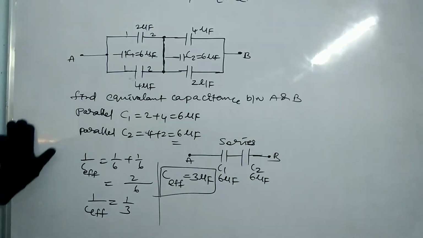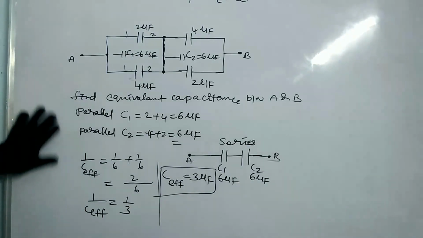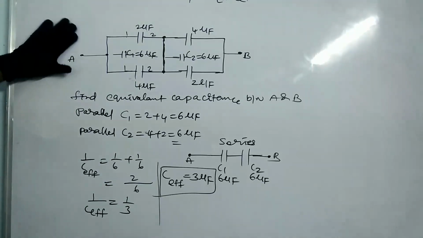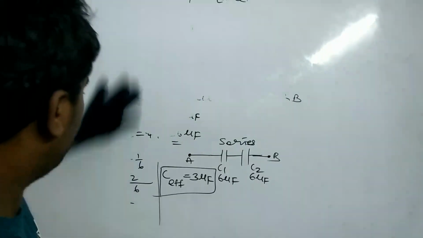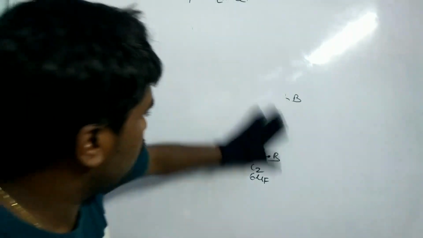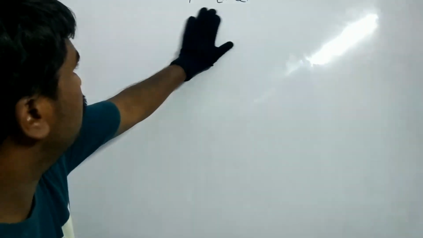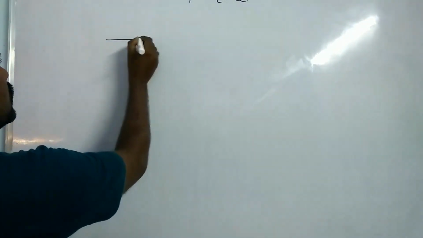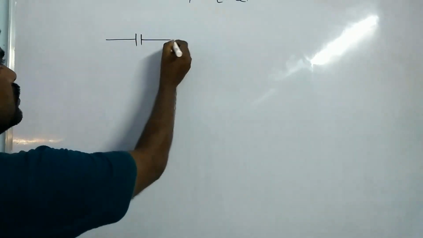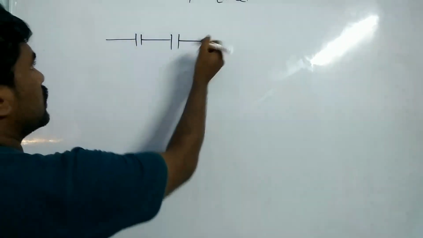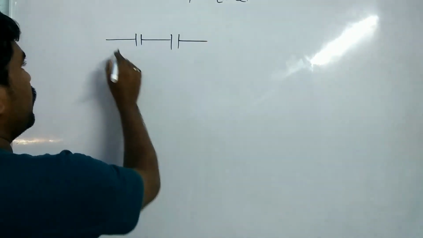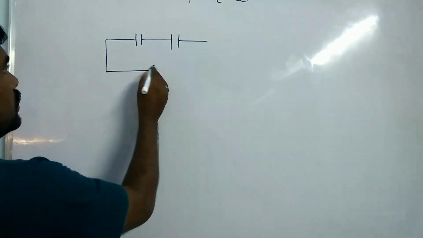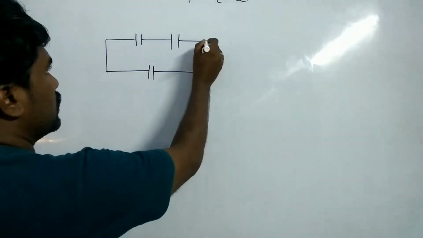Okay, note it. Let us see one more. This is a capacitor and this is another capacitor, and we have to write that this is another capacitor.